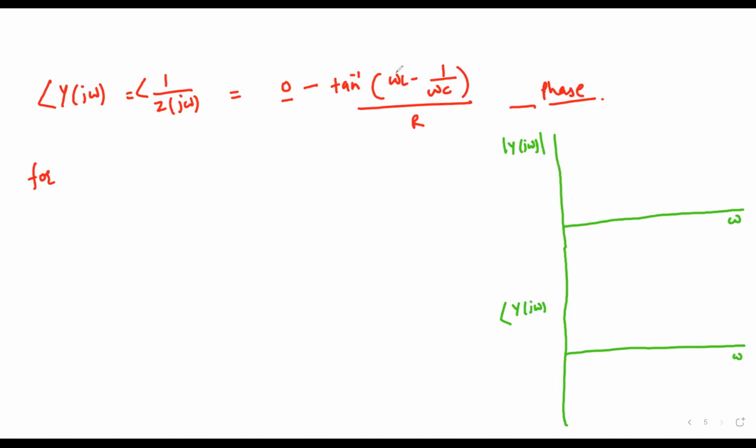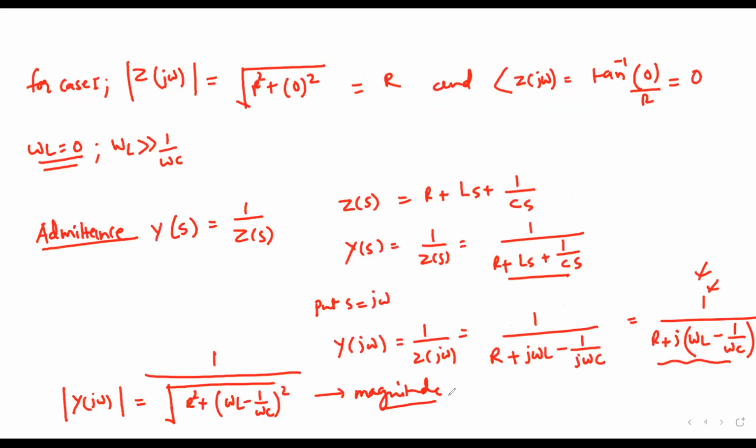So we come back here. For omega equal to 0, when frequency is 0, the magnitude Y of j omega would be given as, let's go back to the expression. This is the expression we have.